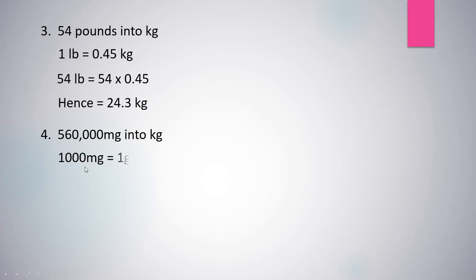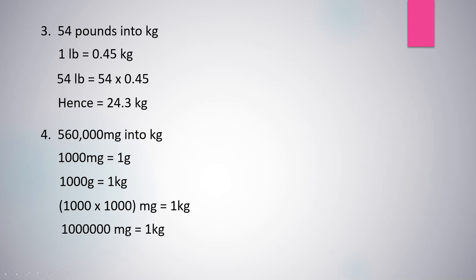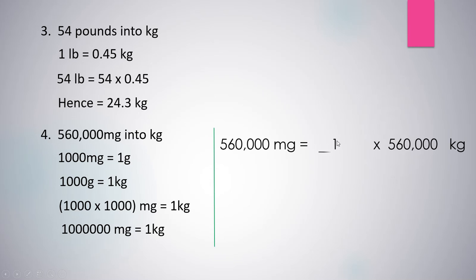Milligrams to kilograms. 1,000 milligrams equal to 1 gram. But 1,000 grams equal to 1 kilogram. So we shall multiply 1,000 times 1,000, because this is smaller than this. 1,000 times 1,000, implying 1 million milligrams is equal to 1 kilogram. How about this?